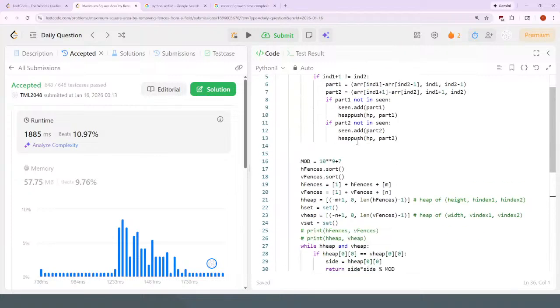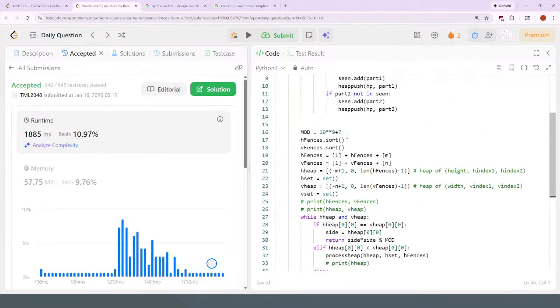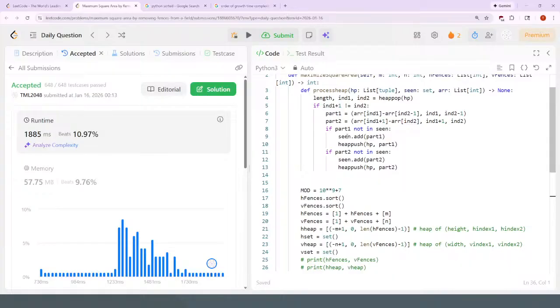I'm actually kind of proud of the idea of a heap, but it's definitely not good enough. Not good enough.